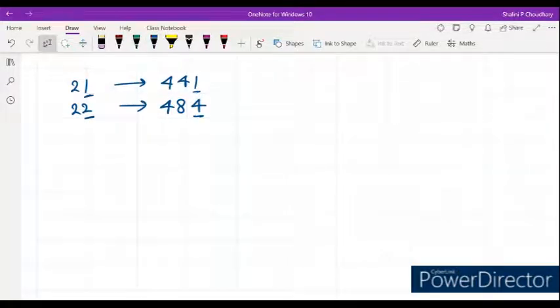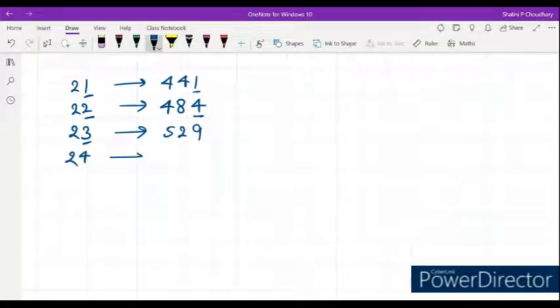So always remember. Now 23. What will be the score of 23? That should end with 9 because this is 3. So score of 23 is 529. 24. Score of 24 is 576. This is 4. Score of 4 is 16. That ends with 6. Okay.